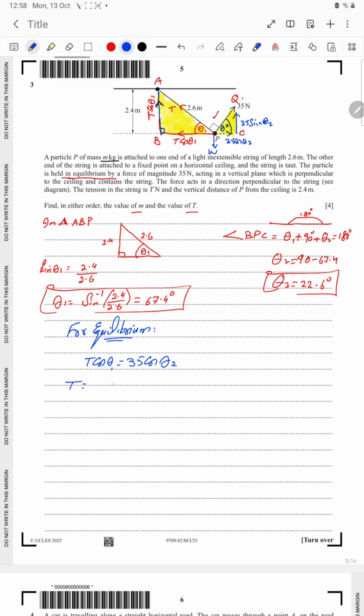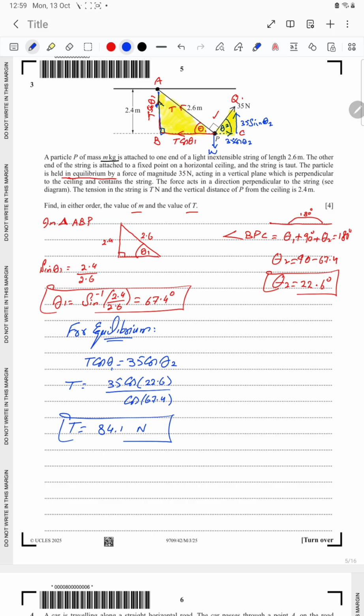So T will be 35 cos of theta 2, 22.6 degree, divided by cos of theta 1, 67.4. With the help of the calculator I can get T. That will be 84.15 Newton. You can check the calculations. Approximately you can write even 84.1 Newton, that is fine.